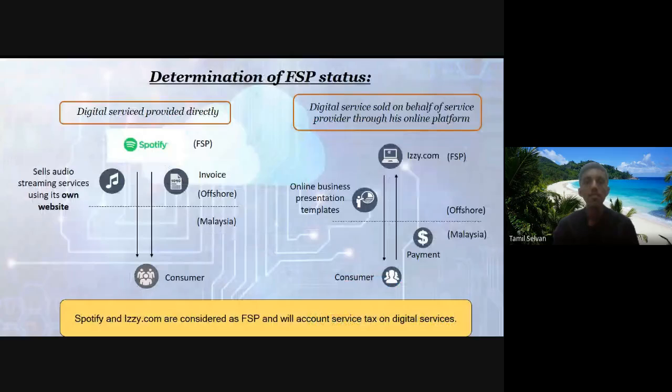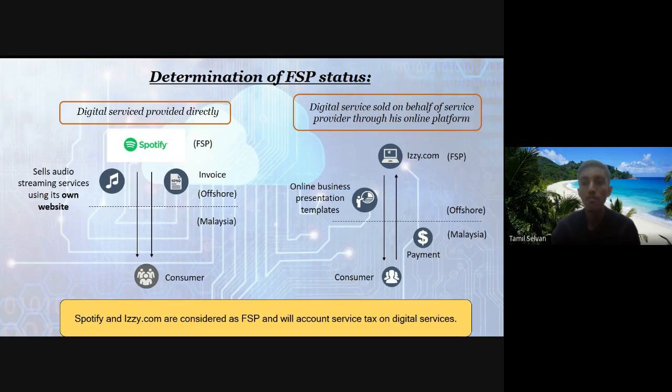So let's look at some examples of how to determine the FSP status. First situation is where digital services are provided directly. For example, Spotify sells audio streaming services using its own website, without a platform, to a consumer and issues an invoice to the consumer to request for payment. So this is a service provided directly. Another situation is a digital service sold on behalf of a service provider through an online platform. Let's consider this example.